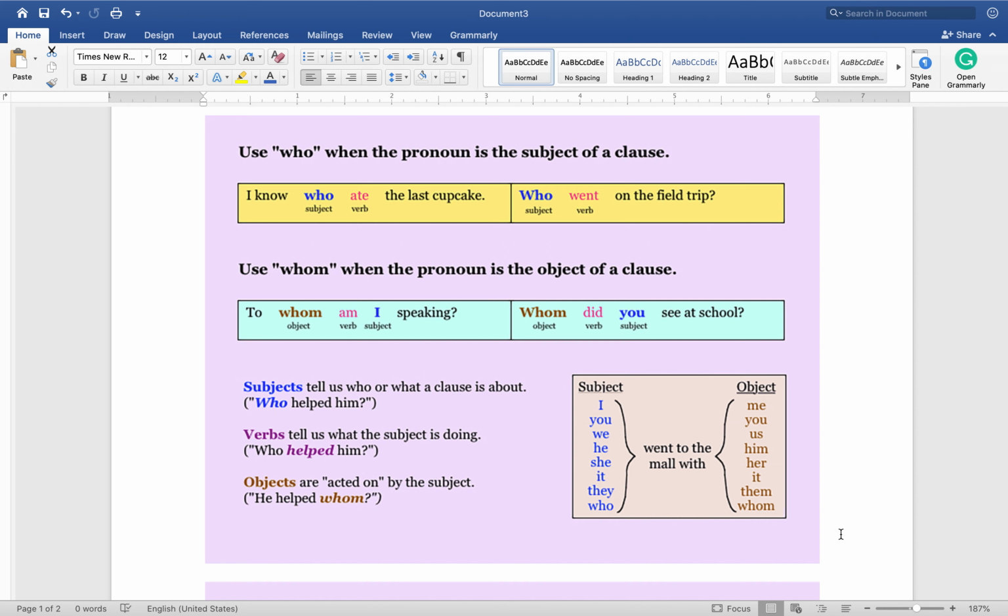We only use whom when the pronoun is the object of the clause, so the one that's being acted on by the subject. To whom am I speaking? The person in the sentence, the whom, is not doing the speaking. I am the one doing the speaking in the sentence. I'm speaking to him. I'm speaking to her. These are our object pronouns. Or whom did you see at school?